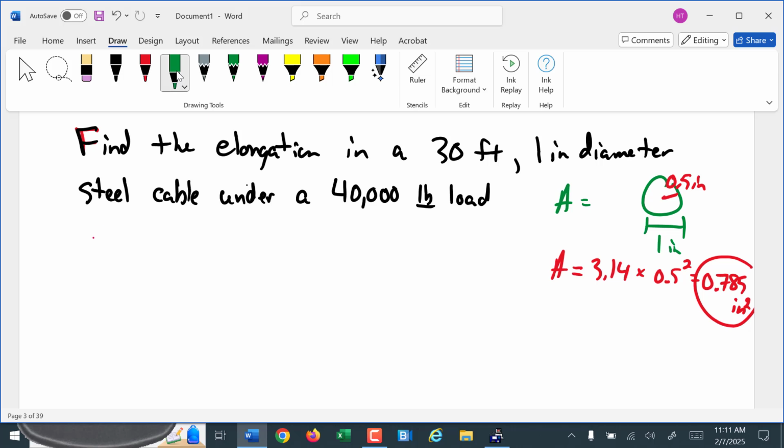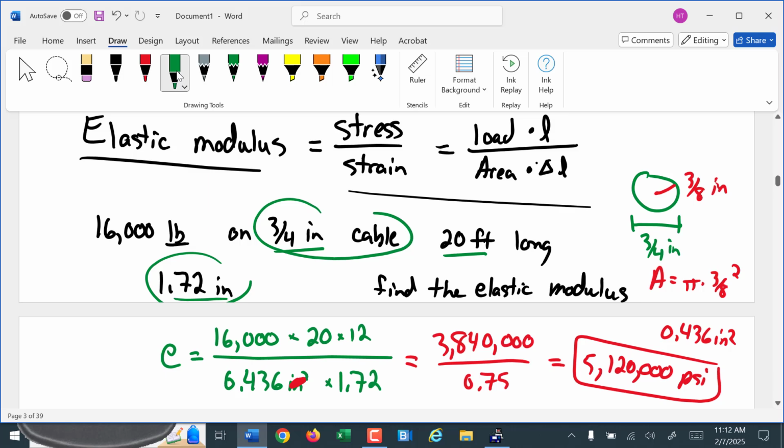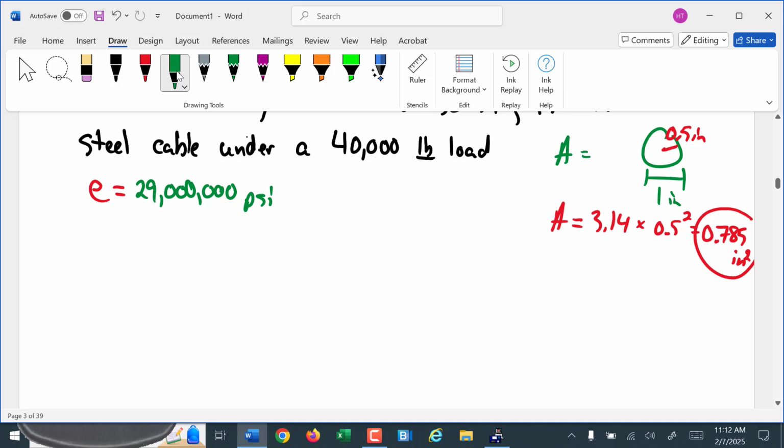Now here, we know the elastic modulus, E, is 29 million PSI. So this formula up here, we're going to adjust it a little bit. The formula up above was E equals load, and for load we actually use F, times length over area times change in length.